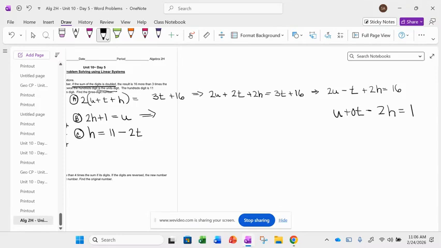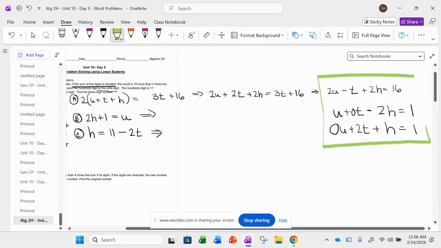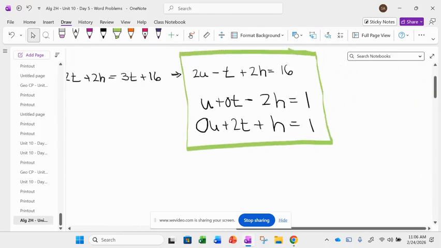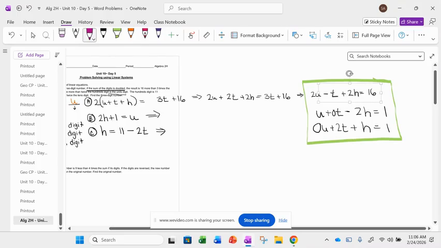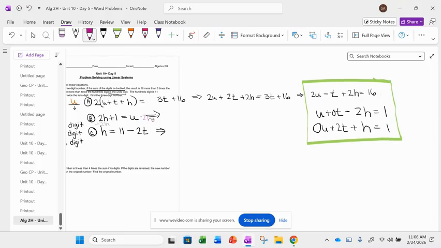For the third one, to line it up, I'm going to add the 2T over. So 0U plus 2T plus H equals 11. And these are my final equations. Because what I did was I kept the U where it was and I just subtracted 2H on both sides.